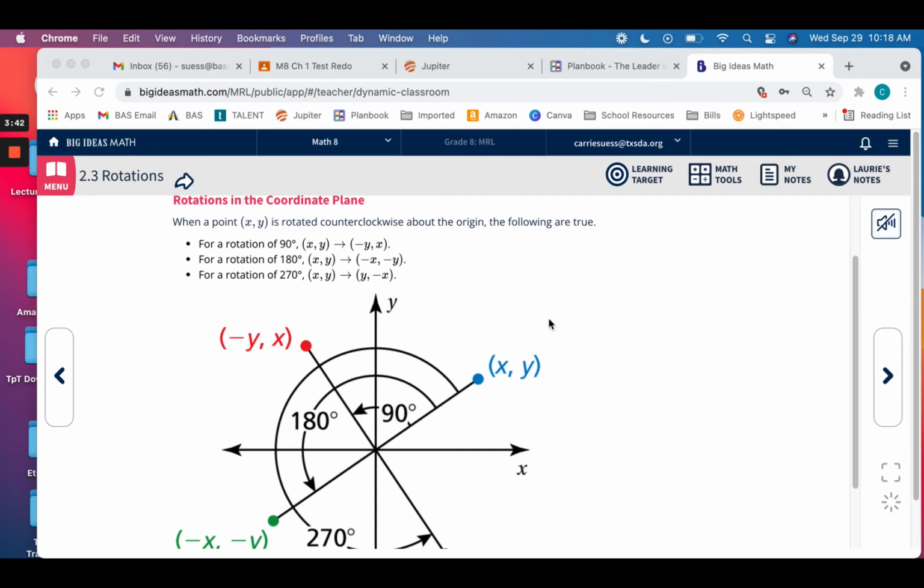These are the ways you change your x and y. So if I'm going counterclockwise from this quadrant to this quadrant, I'm moving 90 degrees. You see that? You can see the x doesn't change, but the y value gets a negative y. Okay? What else do you notice here?